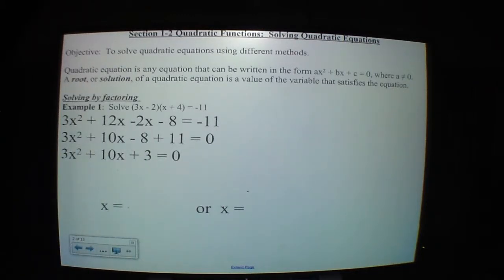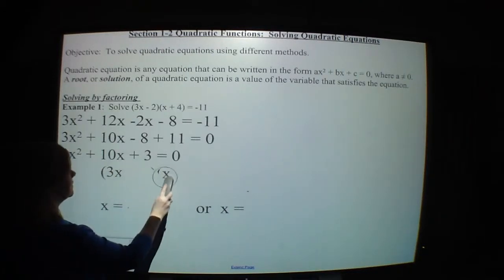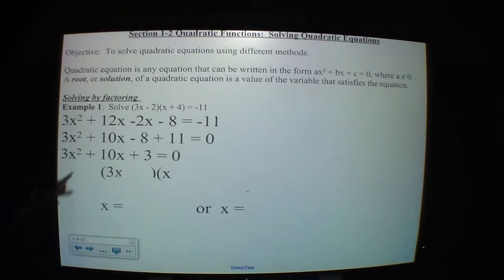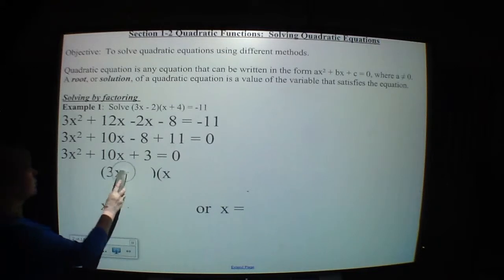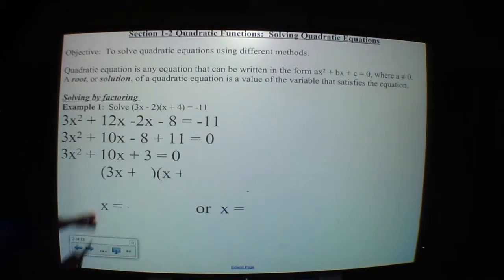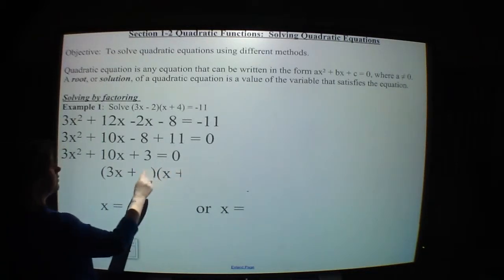So let's factor it. When I factor it, I do 2 sets of parentheses, and I have a 3x and an x in my first spots. And since these are plus, I know it's going to be a plus and a plus. And the only way to get 3 is either a 3 there and a 1 there, or a 3 there and a 1 there.